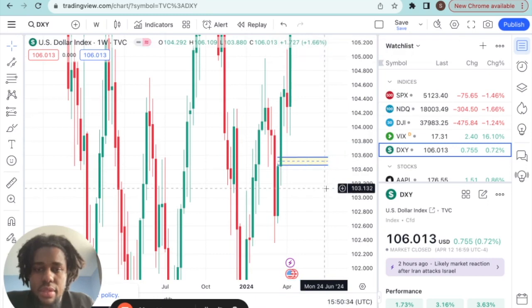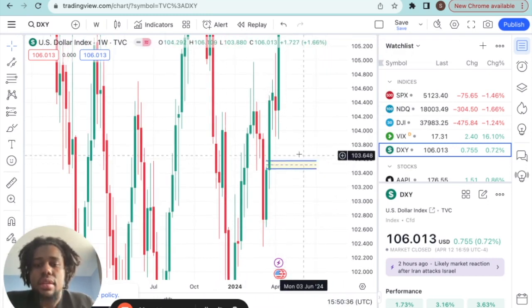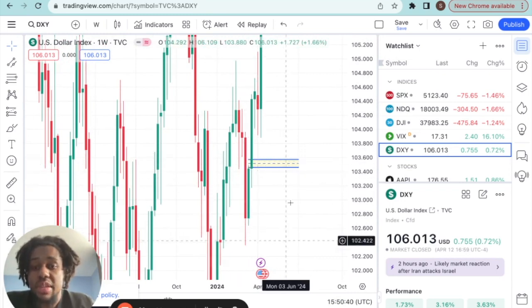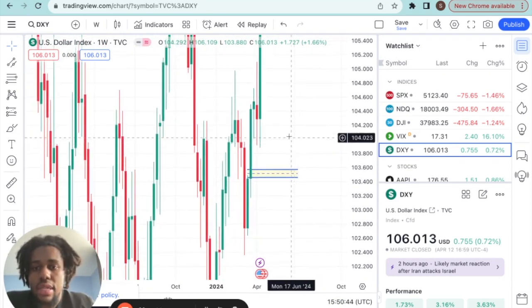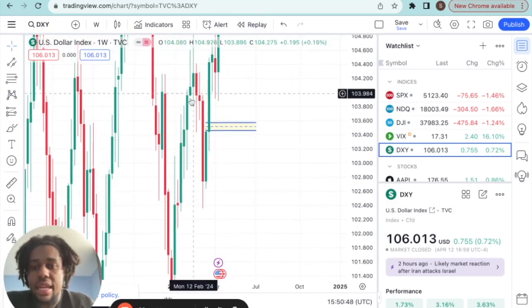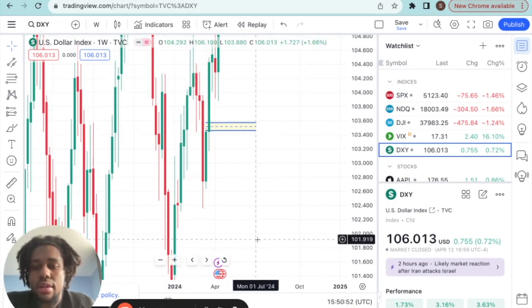Straighten that out there. So yeah, we see a bullishly flipped inverse fair value gap here, and I know you can't see it here, but on the daily time frame there is a daily bullish breaker.